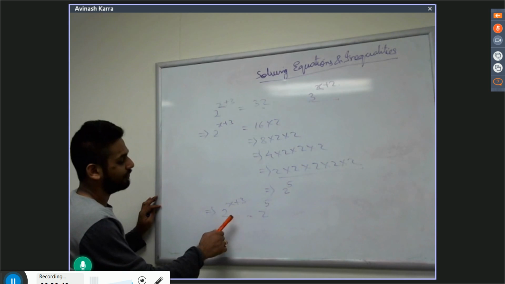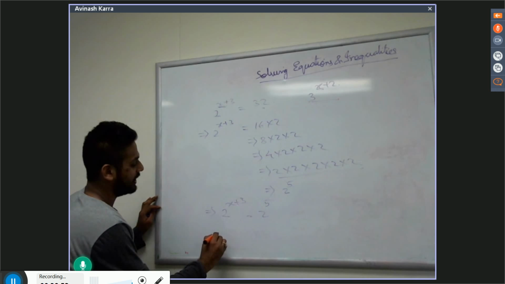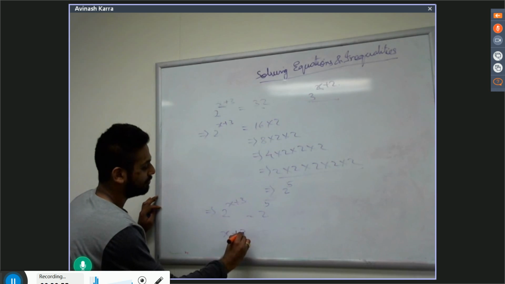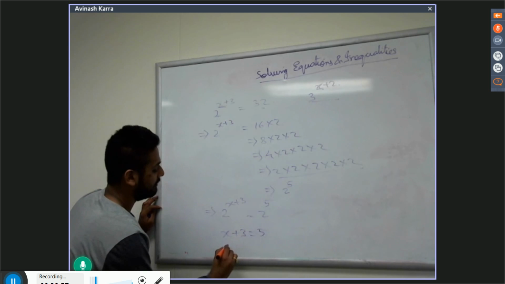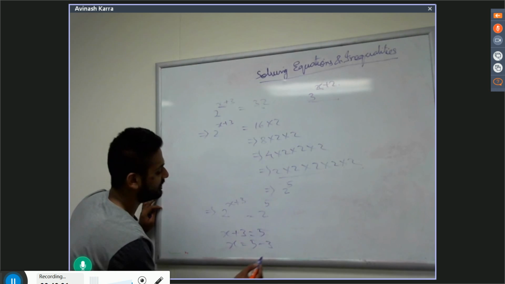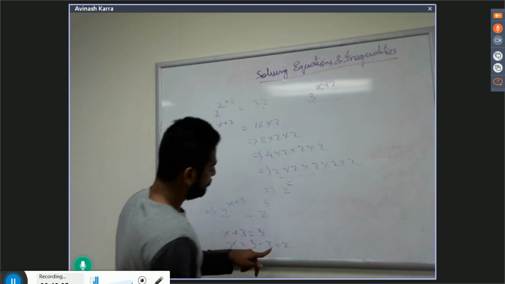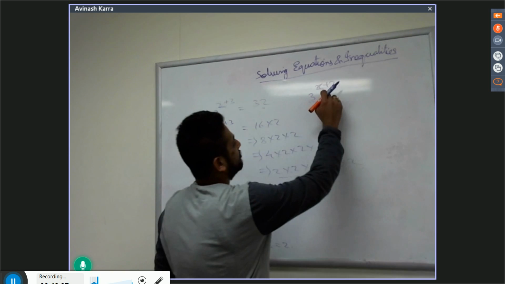So, when bases are equal, powers are also equal, right? x plus 3 is equal to 5. So, x is equal to 5 minus 3. So, x is equal to 2. So, substitute x is equal to 2 in this.